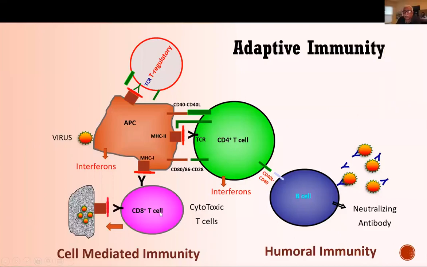Cytotoxic T cells cannot bind to the native virus. They bind to virus that is being presented by infected cells, like for example, the lung epithelial cells. And then when they recognize the virus peptide, these cells will kill the infected cells. So this is called cell-mediated immunity. This becomes very important in developing a good vaccine.